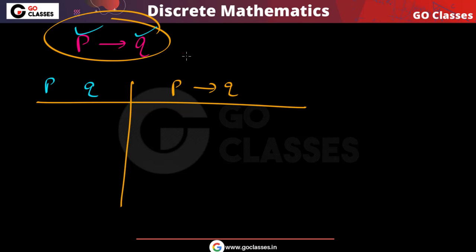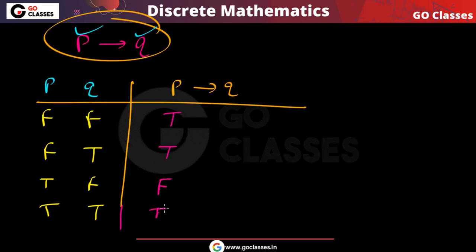Both can be false, or maybe one is true and the other false. So these are the possible scenarios. Now finally I can say that this will be the truth table.